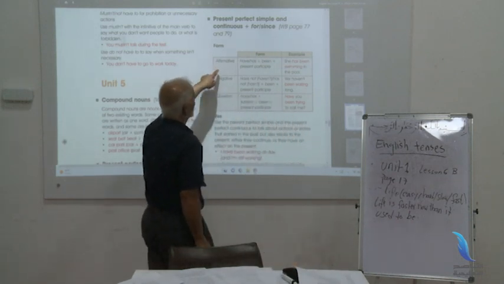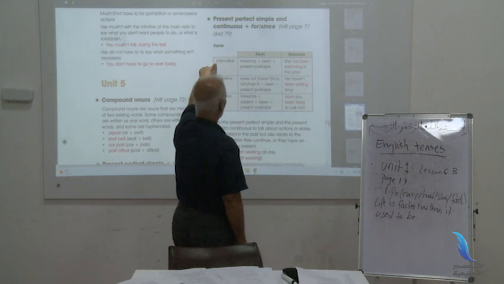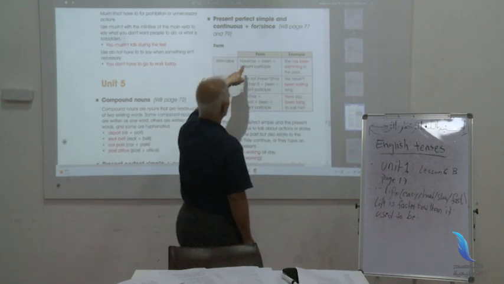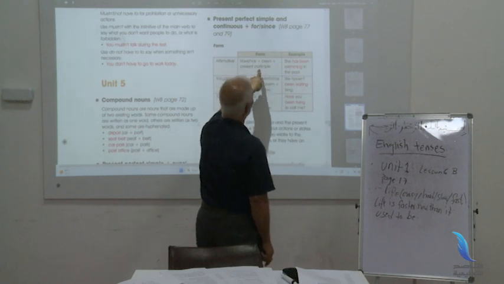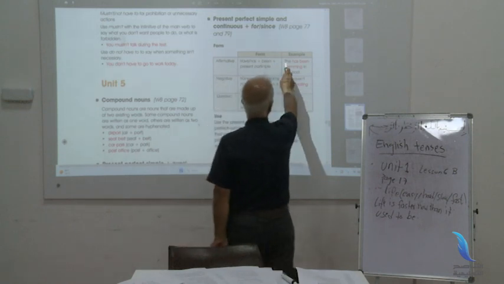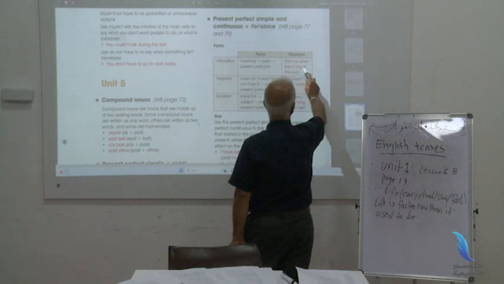So have a look at this table. In the affirmative, have or has plus been plus present participle. So she has been swimming in the pool.